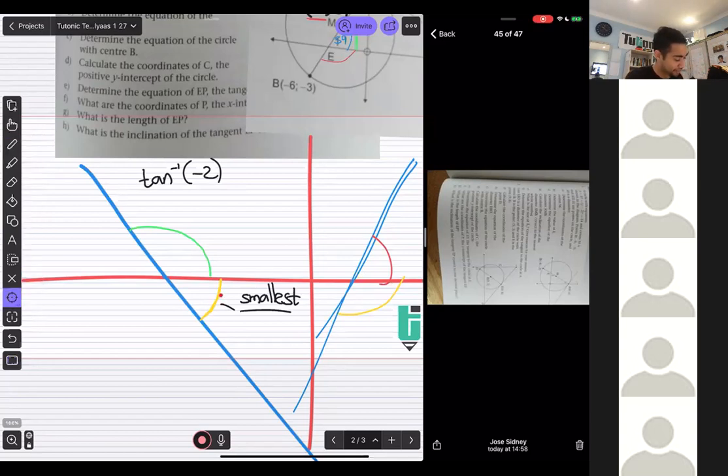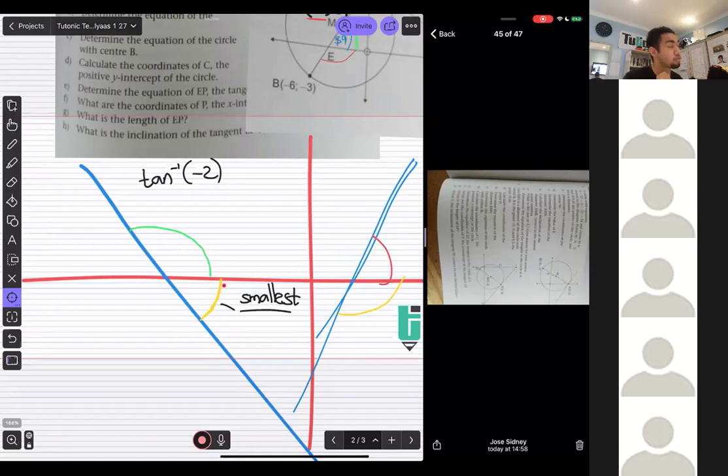Look here. In this graph, which angle is the calculator going to give you? The smaller one. Right, the smaller one. Isn't this a negative angle? Because it's going clockwise. Yes. This is going anti-clockwise.